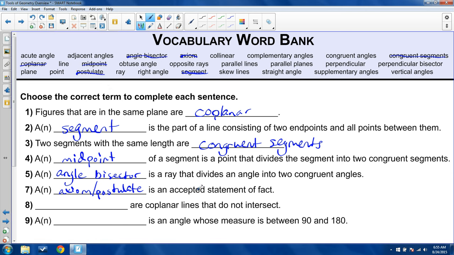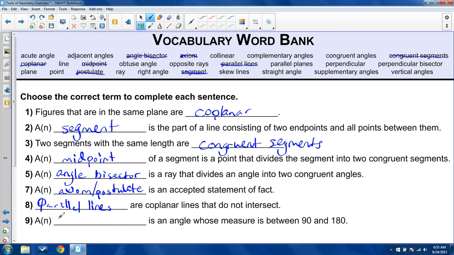Blanks are coplanar lines that do not intersect. So what kinds of lines would not intersect if they were on the same plane? Those would be called parallel lines. And finally, a blank is an angle whose measure is between 90 and 180.